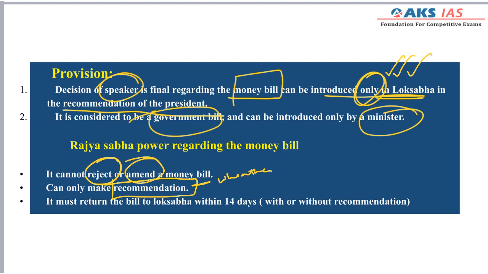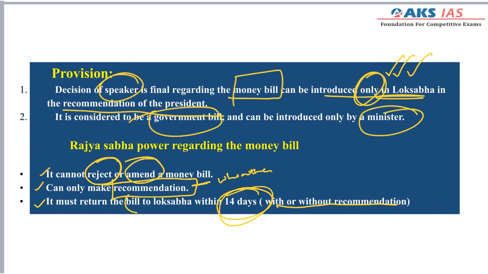If it does not accept the recommendations, still the power of the Lok Sabha prevails when it comes to money bills. Another provision regarding the Rajya Sabha is that it has to return the bill to the Lok Sabha within 14 days. Whether it gives recommendations or not, whether it likes it or not, irrespective of all that, it has to send the bill back within 14 days.